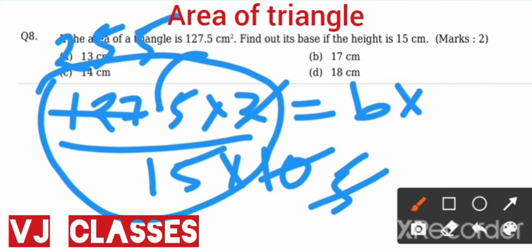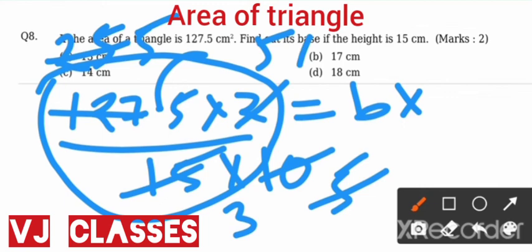Now by 15, 15 is left here, so 5 3s are 15, by 5 you cut, 5 5s are 25, 51, okay. 51 you have to cut by 3, you will get 17, okay. So this calculation you can do in your way, as I am doing this is my way, but keep the calculation easy always. So answer of this question is 17 centimeter, fine.